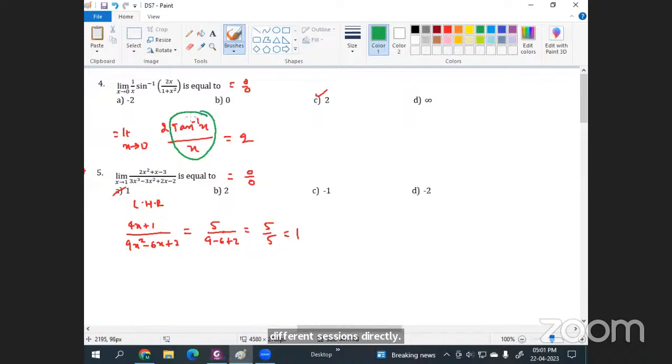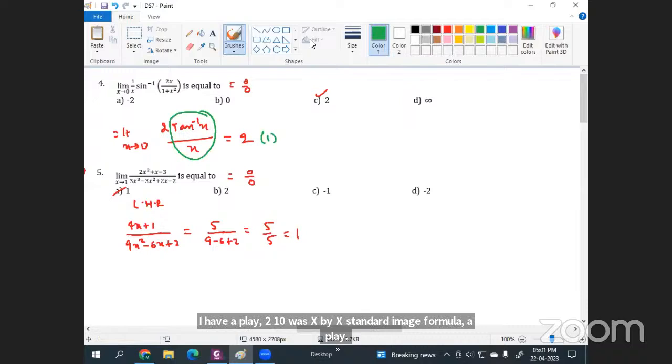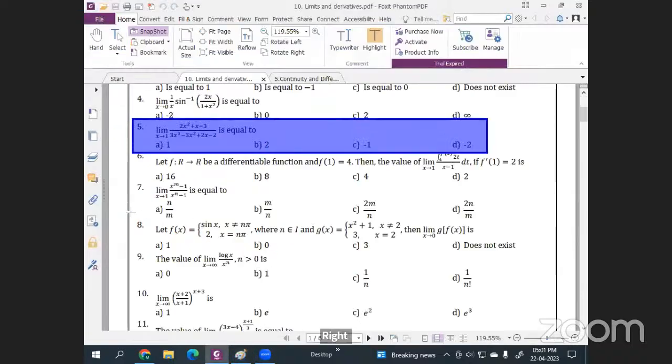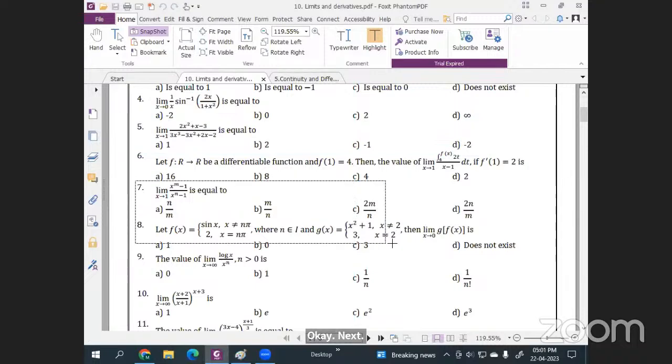Standard limits formula I applied. So it is 1. 2 into 1 is 2. Is it clear? Likita, is it clear? Yes. Yashwant, Bhumika, right. Okay, next. What about this formula? What about this one?